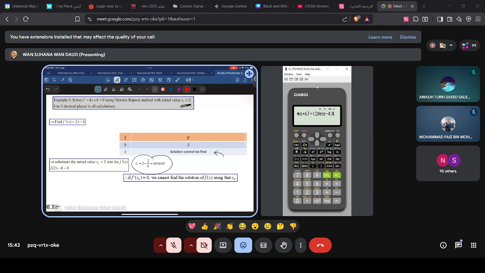So I repeat, the Newton-Raphson method can fail if the f prime of the initial value is equal to 0 or too close to 0.